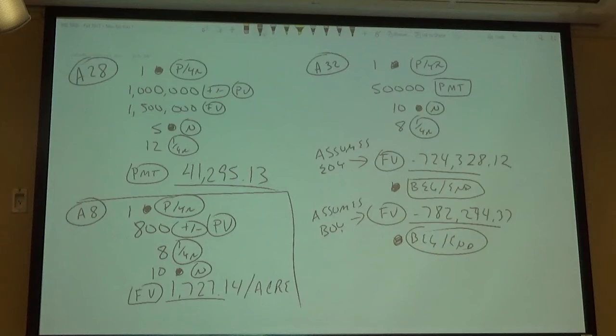So there, we simply put in $1,400 as the future value, and then solve for the interest rate. And you would end up with 5.76%. Okay?